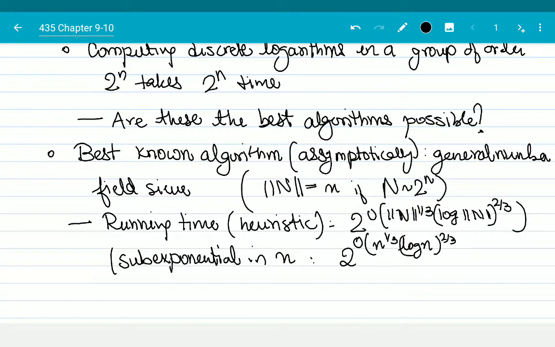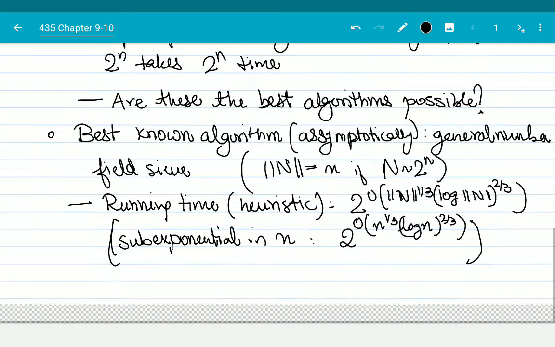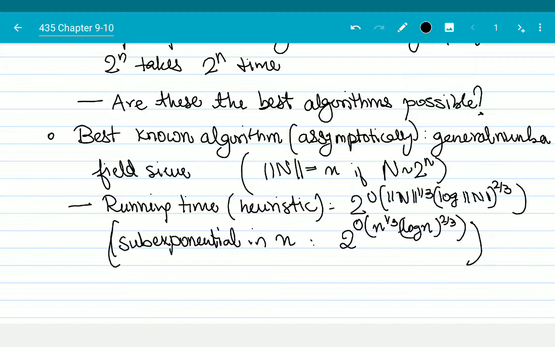So it is still 2 to some power of n, but it is not full exponent. It is a power of the exponent, 2 to the n to the 1/3. So it's sub-exponential, still not polynomial time. And this is extremely huge.